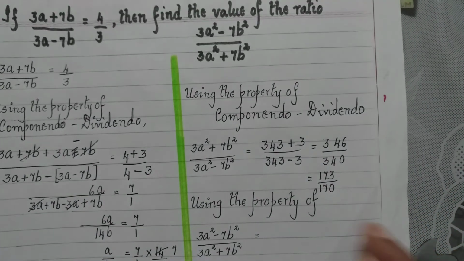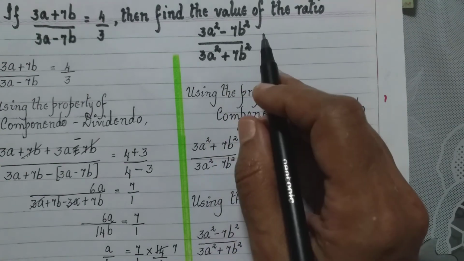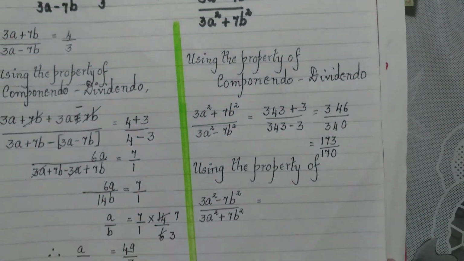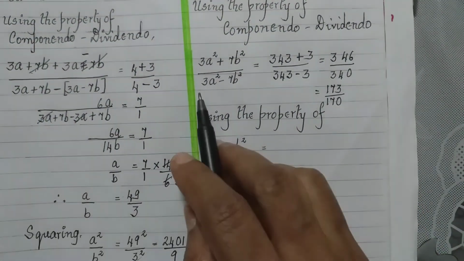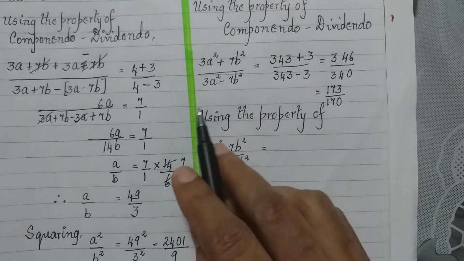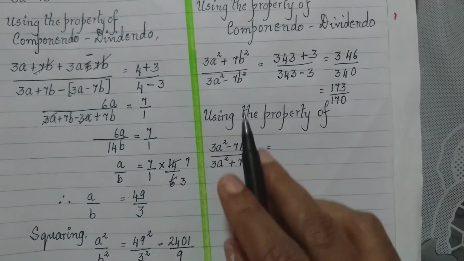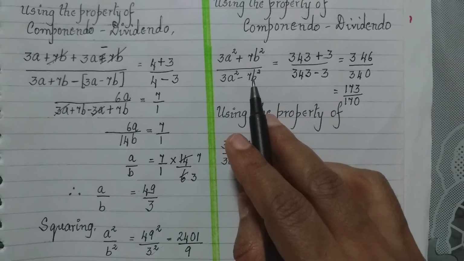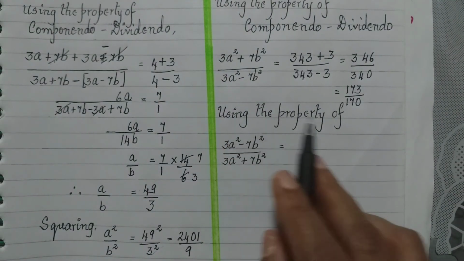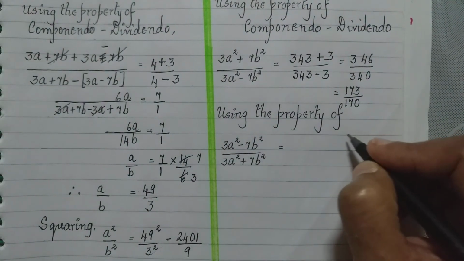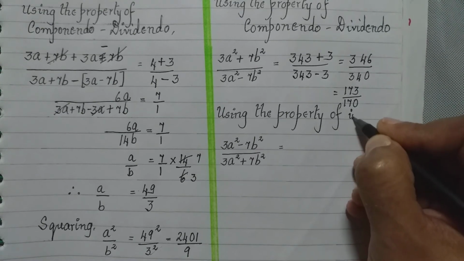But now you see the question, I want (3a square minus 7b square) upon (3a square plus 7b square). We have found out (3a square plus 7b square) upon (3a square minus 7b square). So if I were to find the reciprocal of this, then I have to use the property of invertendo.